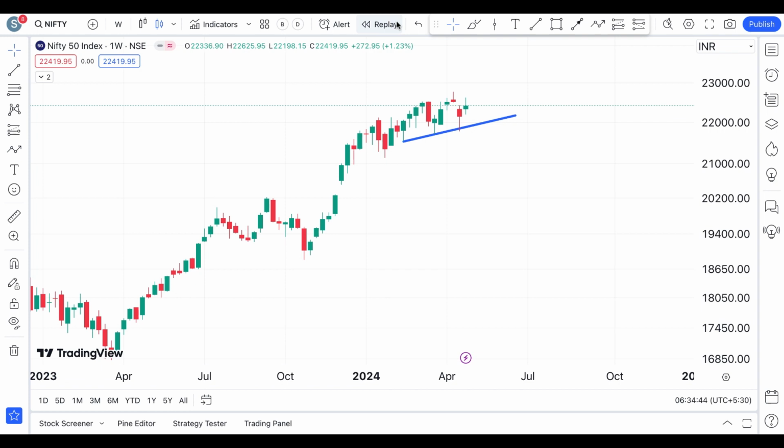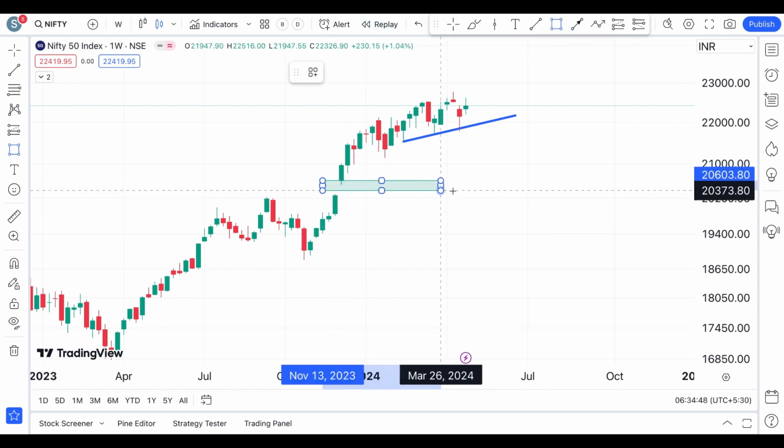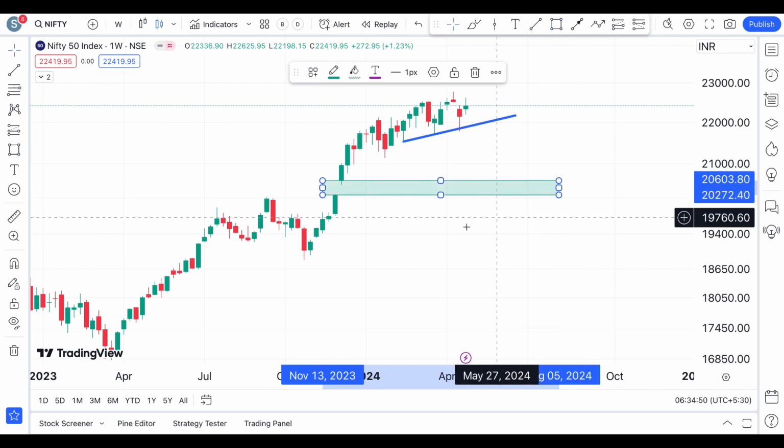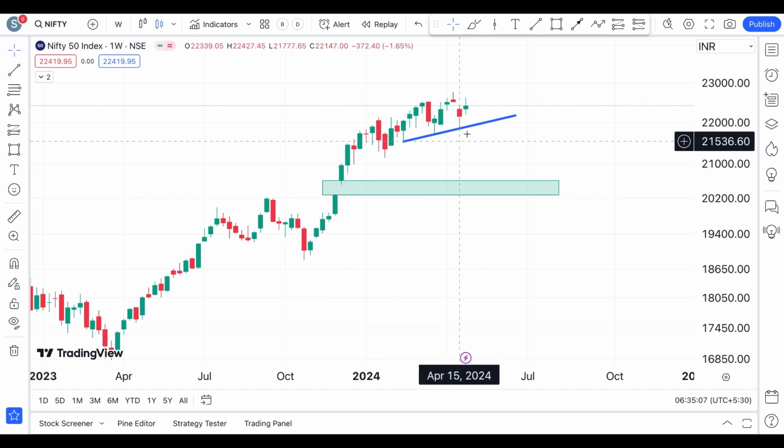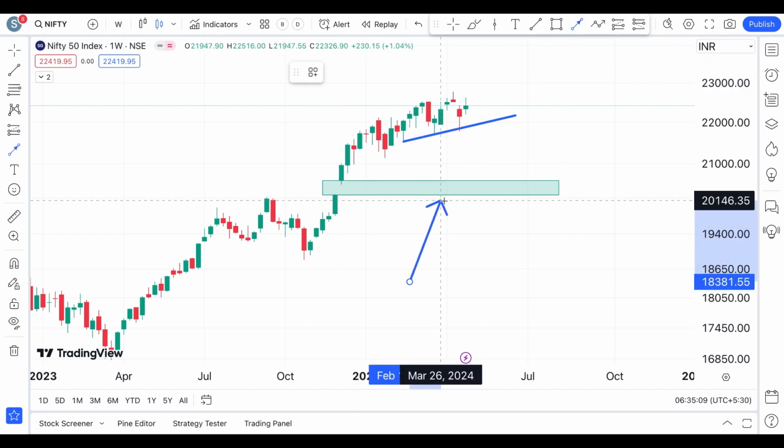Japanese candlestick patterns say that any gap you see will act as support or resistance depending on whether the price is coming towards the gap from the top or from the bottom. If it is coming from the upside, it is most likely going to act as a support, and if the prices are coming from the bottom, it is likely going to act as a resistance.